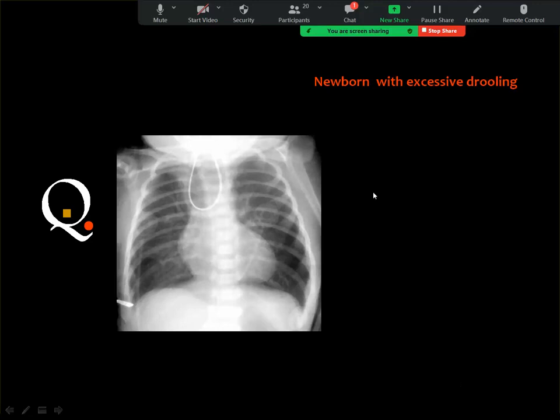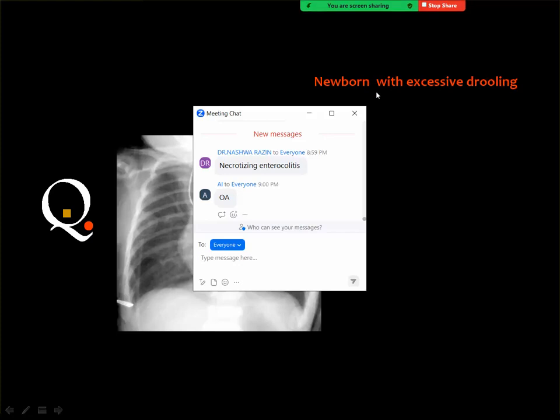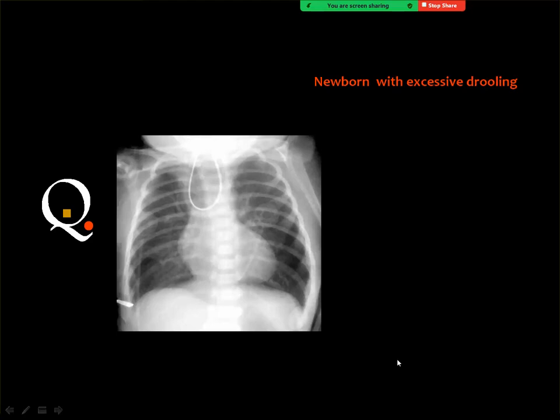A chest X-ray of a newborn with excessive drooling. OA meaning esophageal atresia. Okay, yes, and this is esophageal atresia. And then the next question, with tracheobronchial fistula or without?